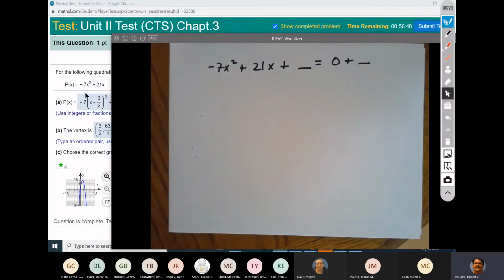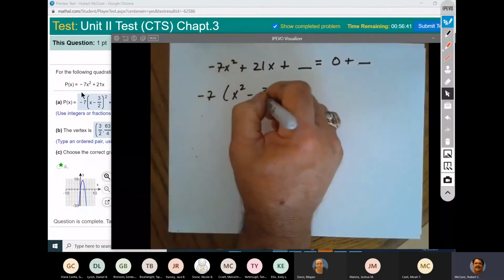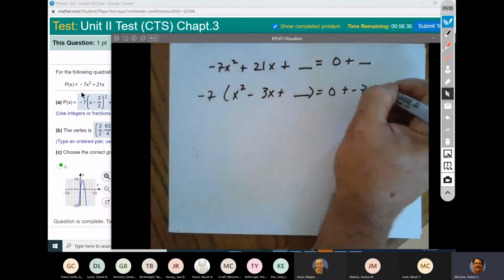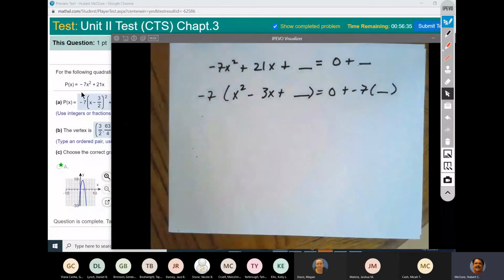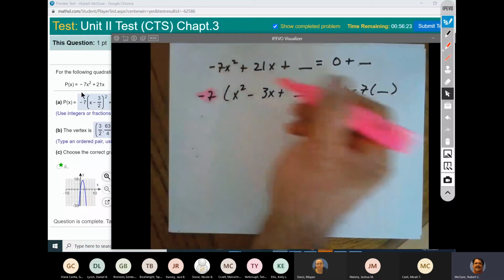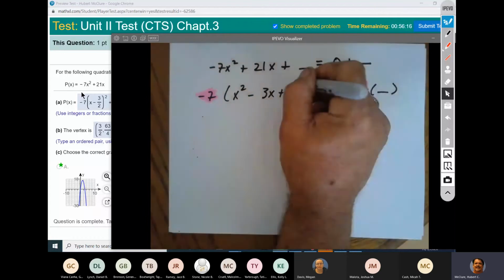So I'm going to factor out a -7. And half of 3 is 3 halves. 3 halves squared is 9/4.